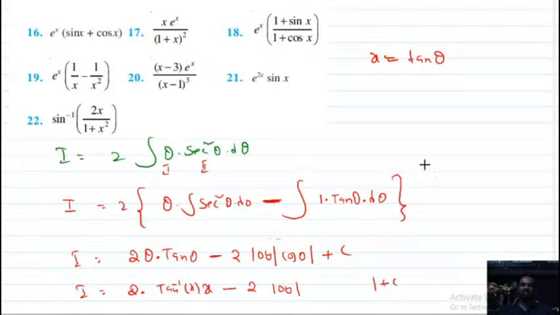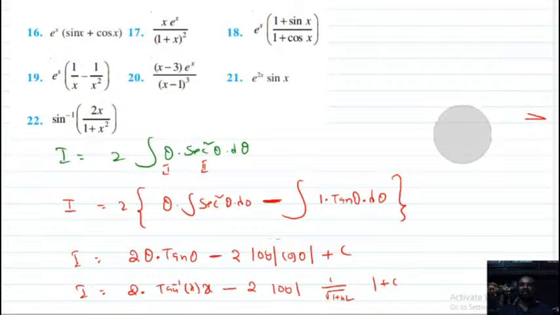Here is an interesting step. Tan theta is a simple trigonometric ratio, so this side is x, the other is 1, and the hypotenuse is root over x square plus 1. What I want is cos theta, which is 1 by that. So directly I can write 1 by root over 1 plus x square, and I can write 2 times log of root over 1 plus x square plus c.